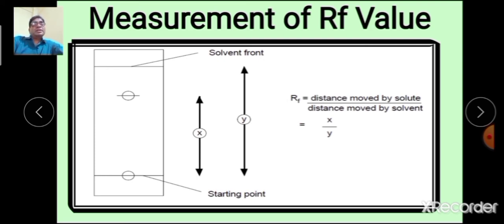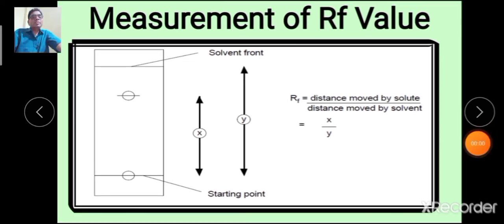Here, x is the distance moved by the solute from the baseline, while y is the distance moved by the solvent from the baseline, and therefore Rf value is equal to x by y.